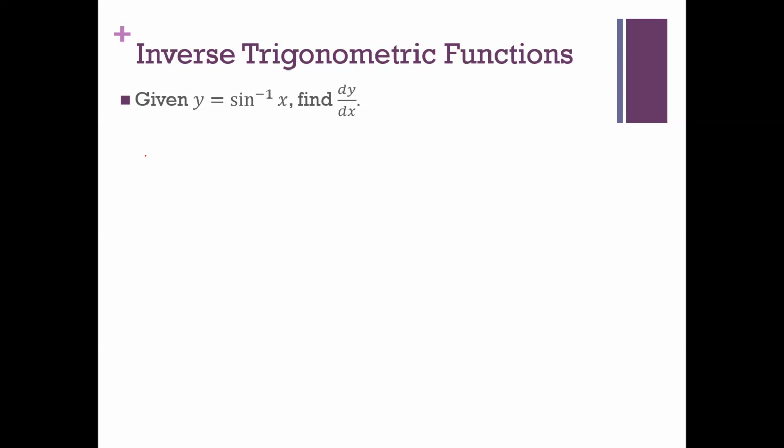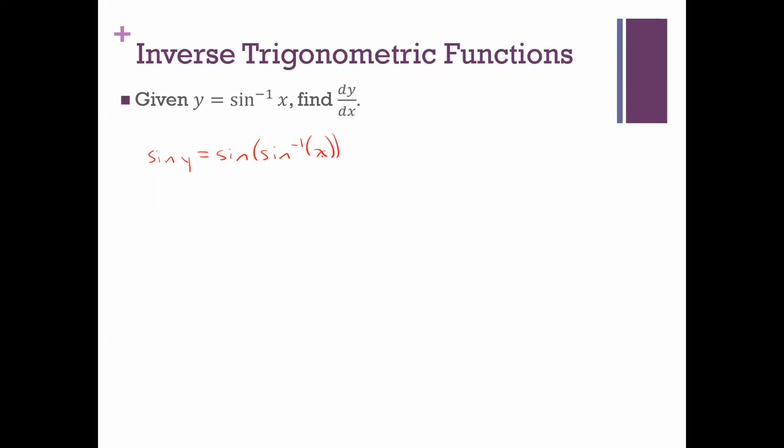We can apply this inverse to the way we do algebra, which means I can do anything I want to one side of the equation as long as I do it to the other. I'm going to take the sine of both sides of the equation. Sine of y equals the sine of the inverse sine of x.